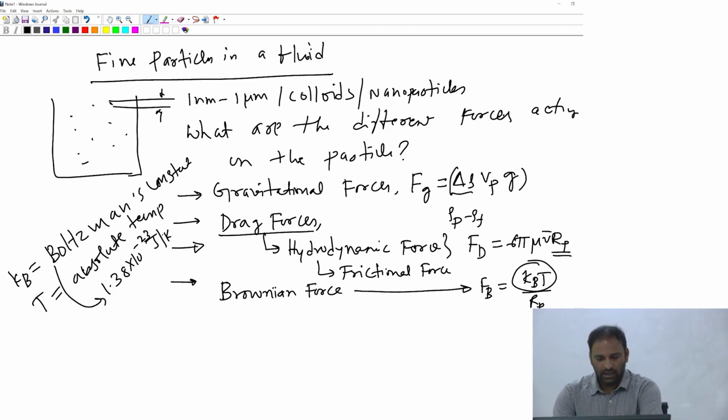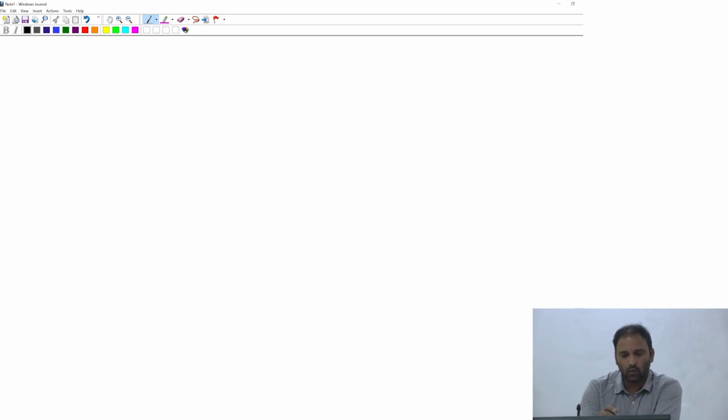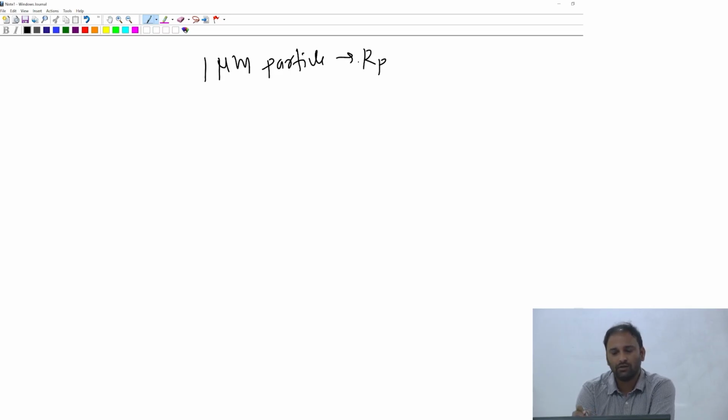Let's think about calculating these forces. I would like you to calculate FD. Let's think about a simple case of a 1 micrometer particle, this is going to be your Rp.